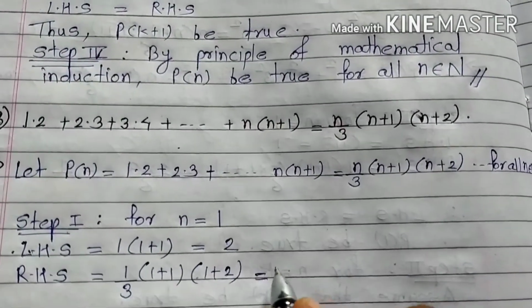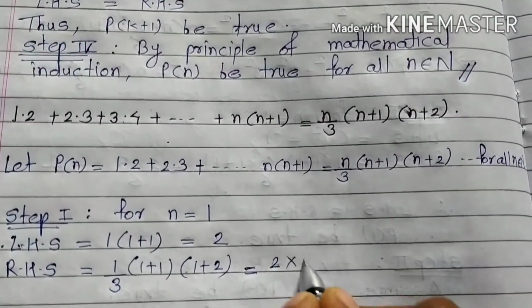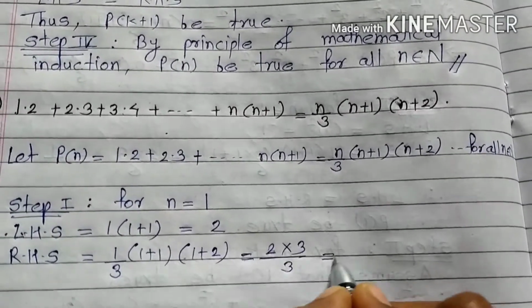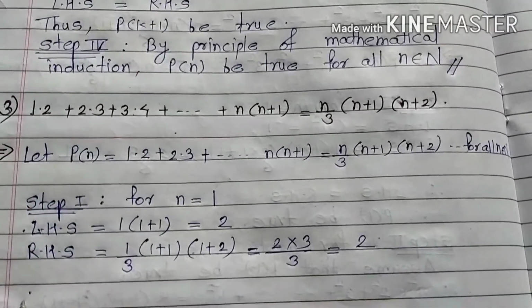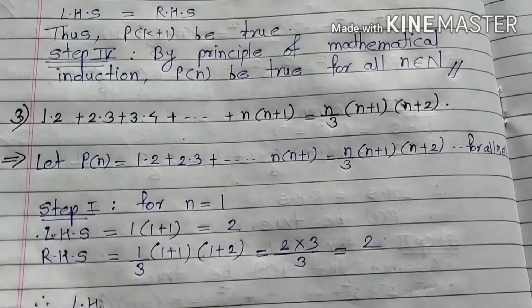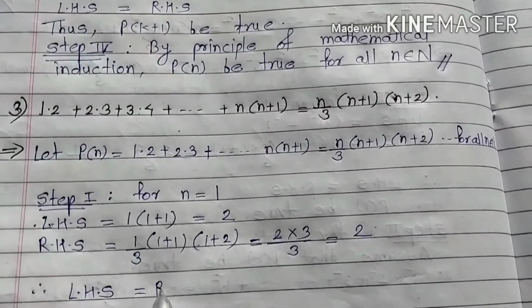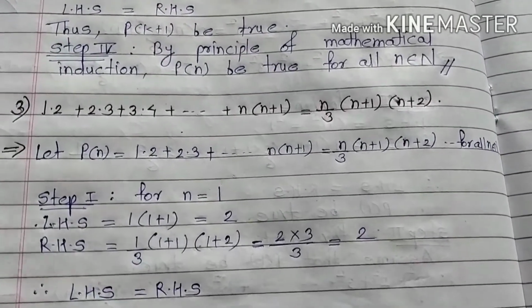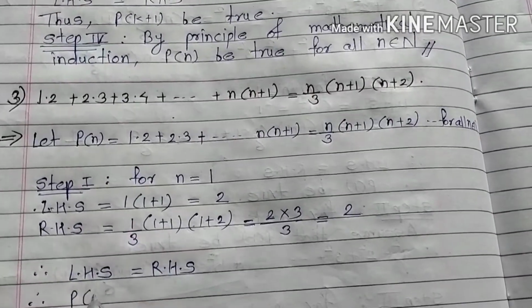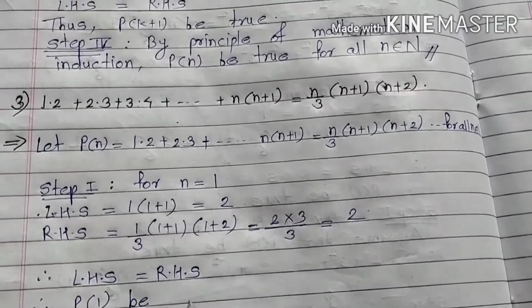So this is 2 into 3 upon 3, which is equal to 2. So therefore LHS is equal to RHS, and therefore P of 1 is true.